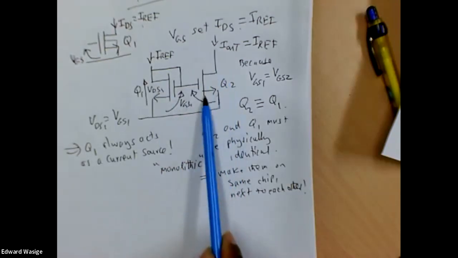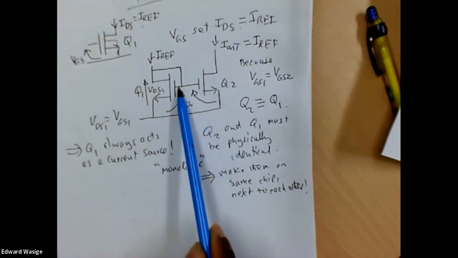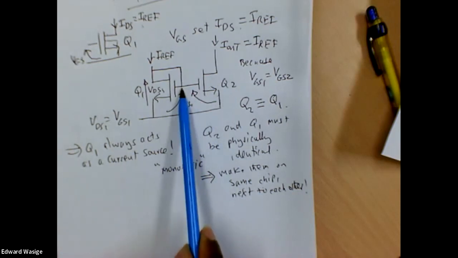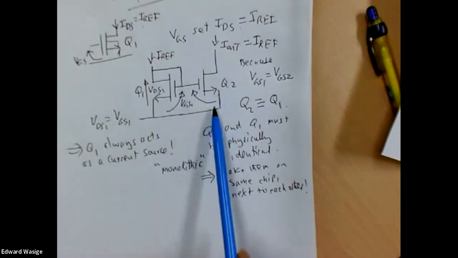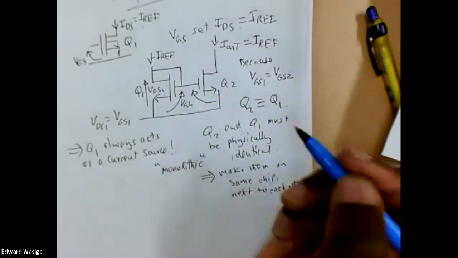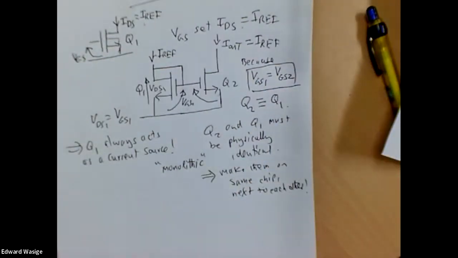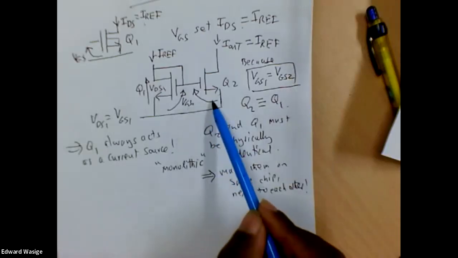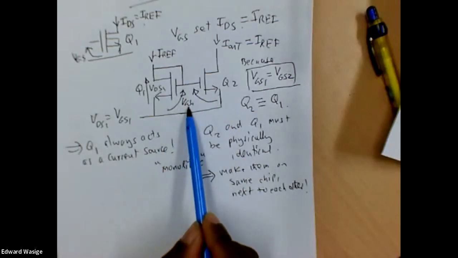Transistor Q2 is made identical to transistor Q1. The difference is that we don't have a gate to drain connection for transistor Q2, but because they're identical, the control voltage is the same. Q2 must be active because Q2 is controlled by gate to source voltage VGS2, and the gate to source voltage of transistor Q2 is the same as the gate to source voltage of transistor Q1.